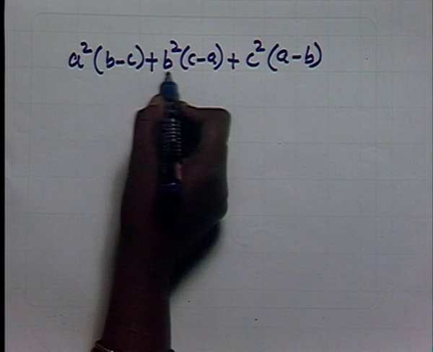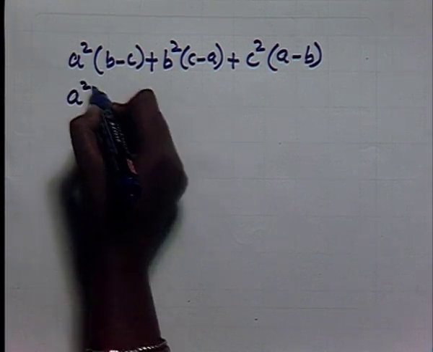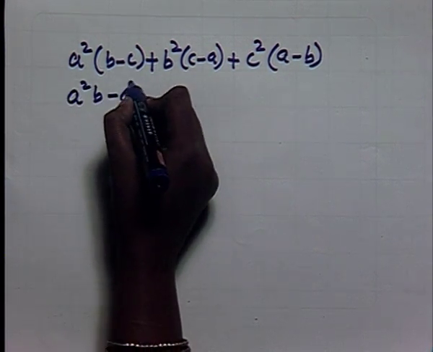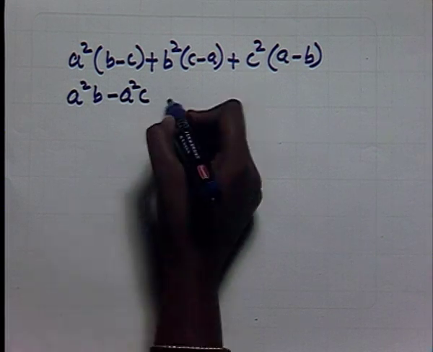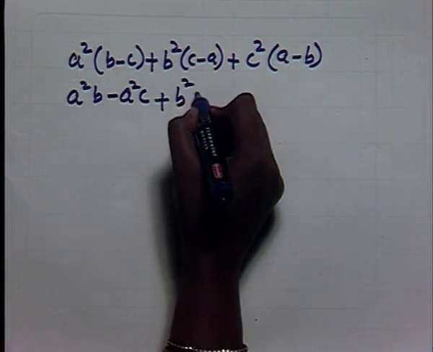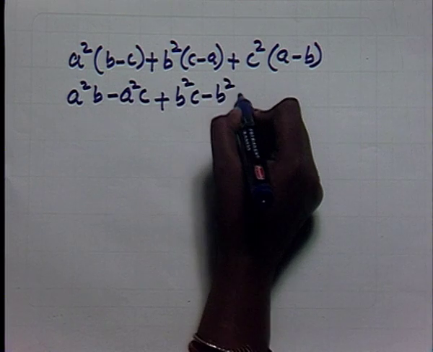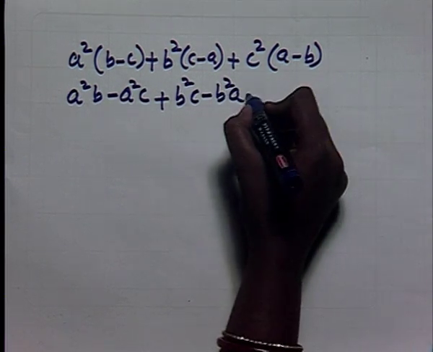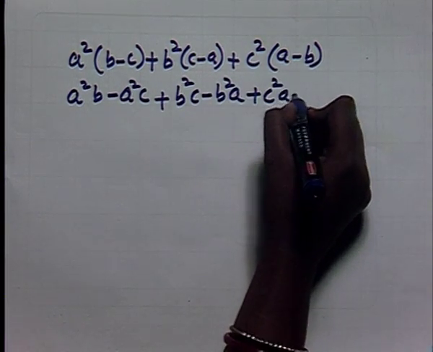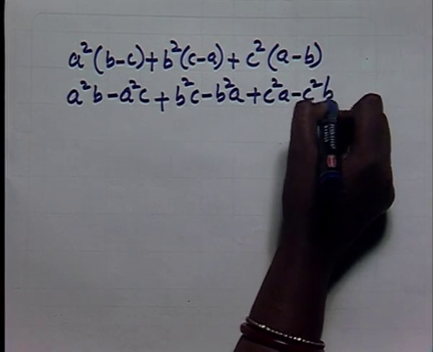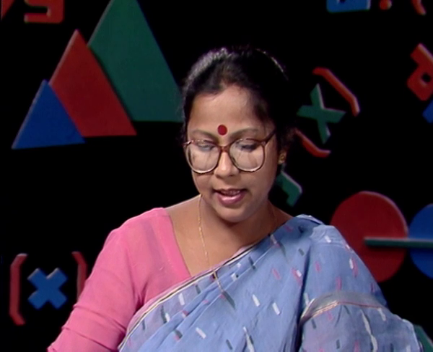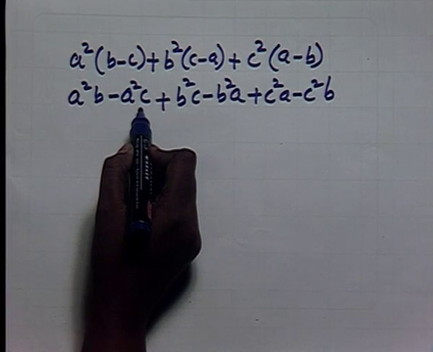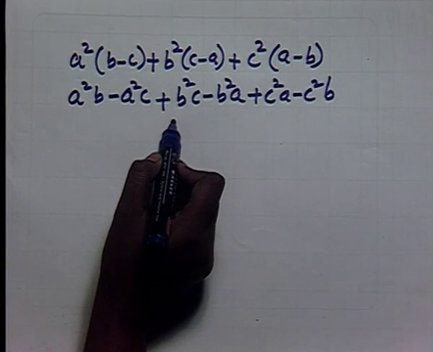Now, first of all we will remove the brackets. A square B minus A square C plus B square C minus B square A plus C square A minus C square B. Now, we have to arrange the terms in ascending or descending order of the powers in any one of the letters.